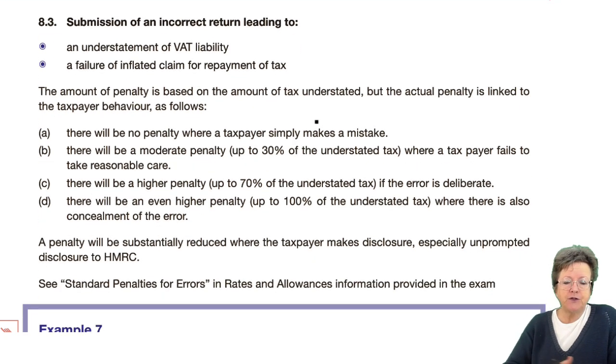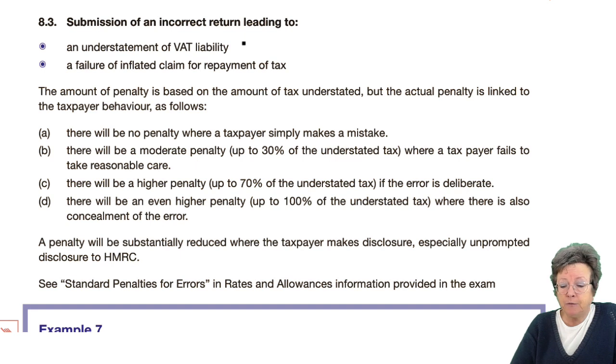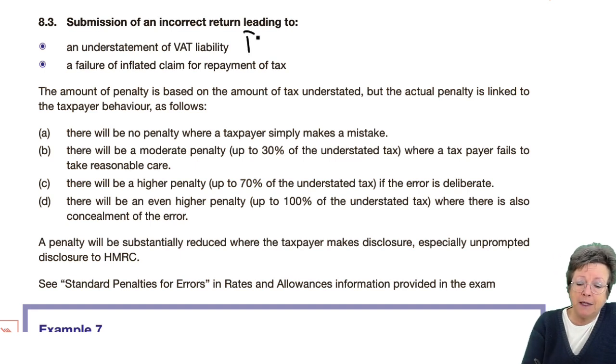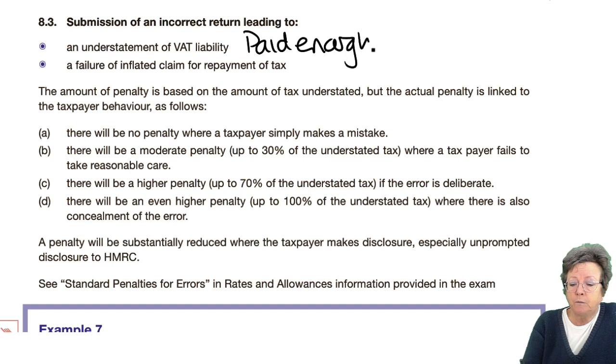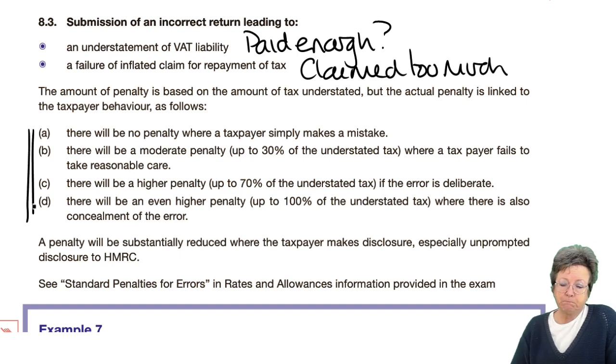Now, if there is a submission of an incorrect return that leads to an understatement of VAT or an inflated claim for it, so in other words, you haven't paid sufficient, or you claimed too much, again, penalties.